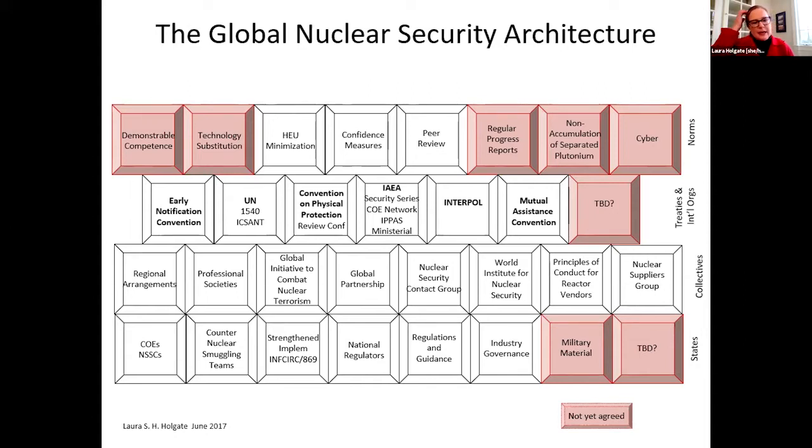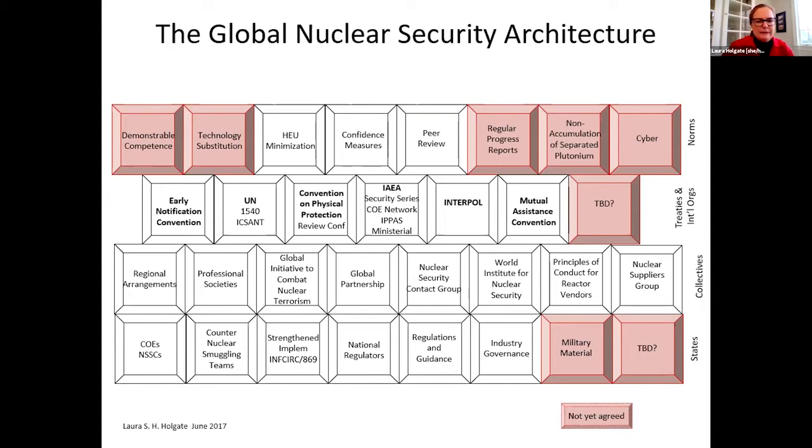So these are just some examples of these informal or non-universal collectives that are contributing to nuclear security outcomes, and that help build capacity and improve the capabilities that are happening at the national level, at the state level. So there's an interconnection between these two layers of effort.